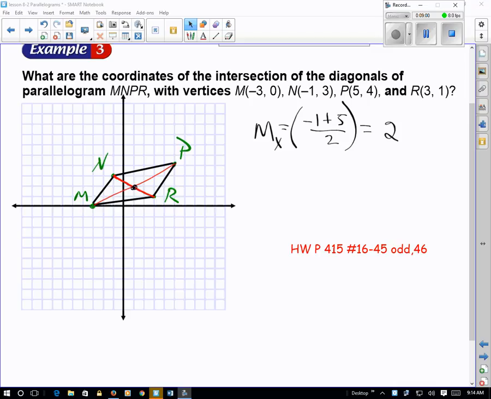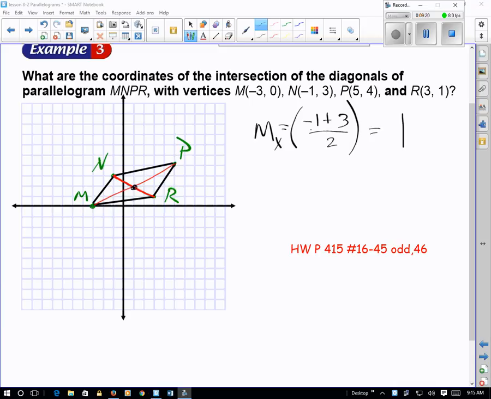And at this point, you should note that I did make a mistake there. Hopefully you caught that. That shouldn't be a 5. That should be a 3. I used the wrong point there. So -1 plus 3 divided by 2. So that's going to be 1.